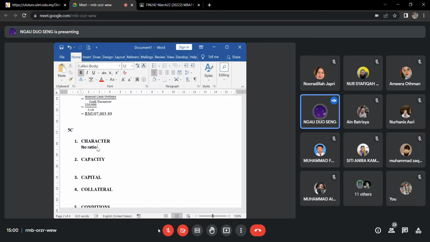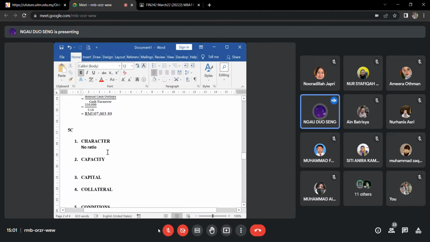So kita guna 5C sebagai bantuan untuk kita nak bagi atau tidak bagi pinjam. Meaning that kalau customer ini dia beli dengan kita, so kita nak bagi pinjam tak? Atau kita nak bagi dia bayar lambat tak? Which is the account receivable lah.